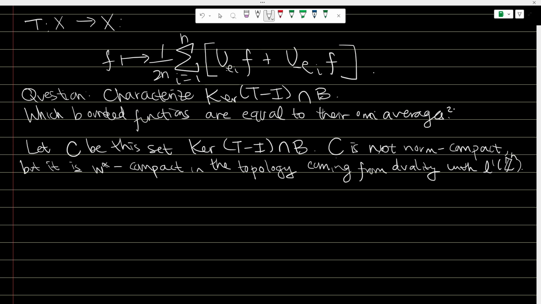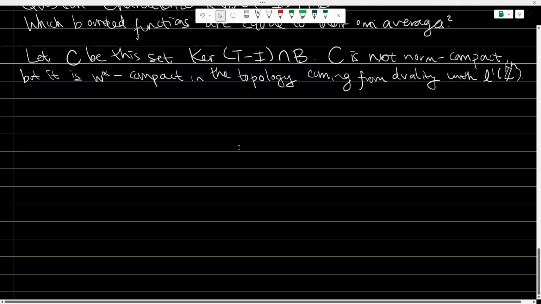Great. So now I have a compact convex set, and I just need to understand its extreme points to understand the whole thing. And this is where, in my opinion, it gets really cool. So now we can apply Krein-Milman.